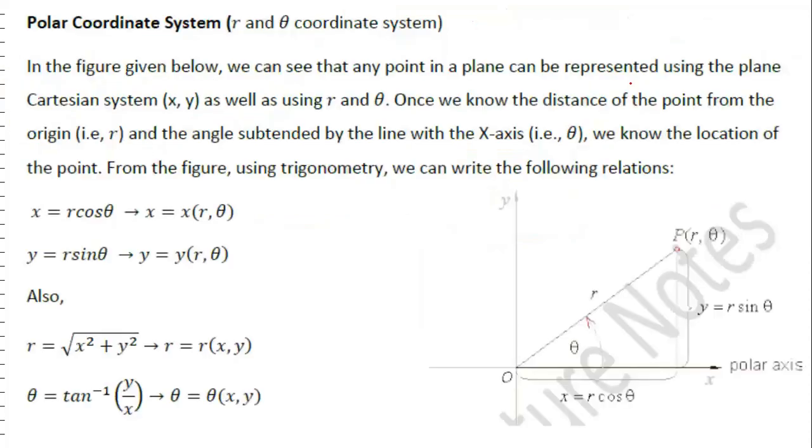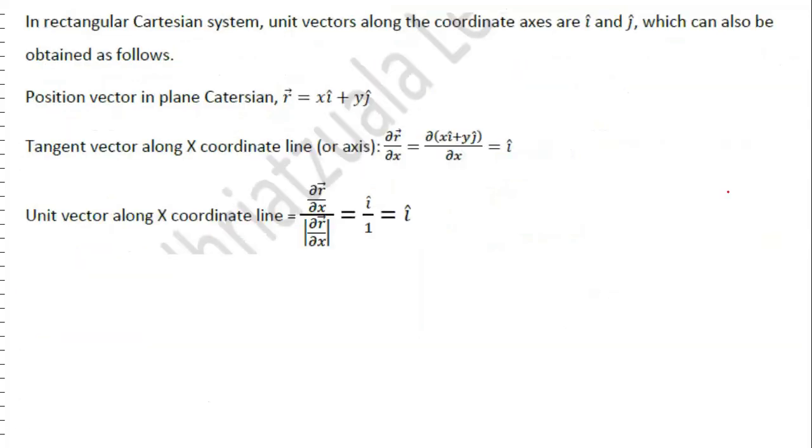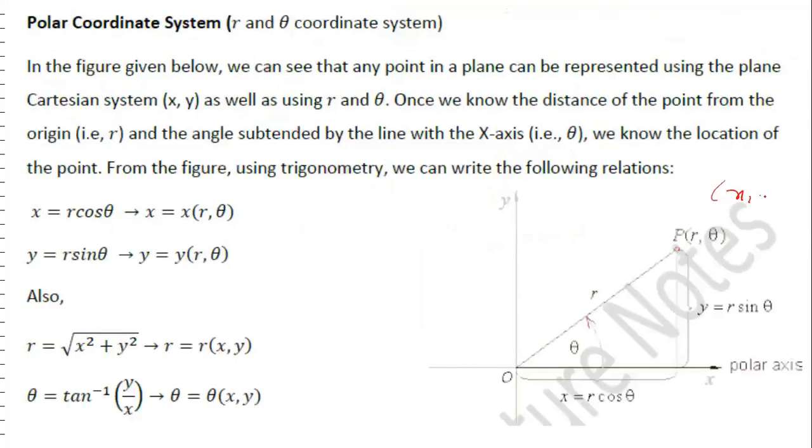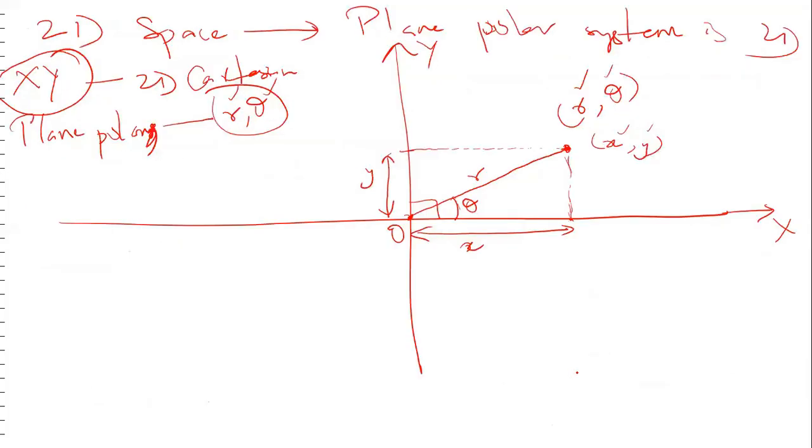From the picture here, you can see the relation between the plane polar coordinates and the 2D Cartesian system, which has x, y. If you look at this angle here, what is the x and r relation? If you take cosine theta, this will be adjacent upon hypotenuse r, so x is going to be r cos theta.